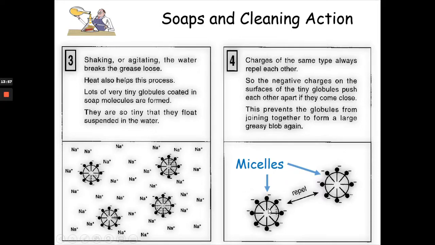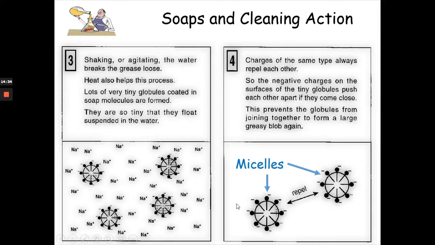So even without the blob of grease there, the hydrophobic tails of the soap molecules would all end up pointing together, because the hydrophobic tails interact better with each other than with the water molecules, and they tend to stick together, and you'll get these hydrophilic heads all around the outside. And forming these little structures is how soaps can dissolve in water, and how soaps can help to dissolve fats or oils in water as well.